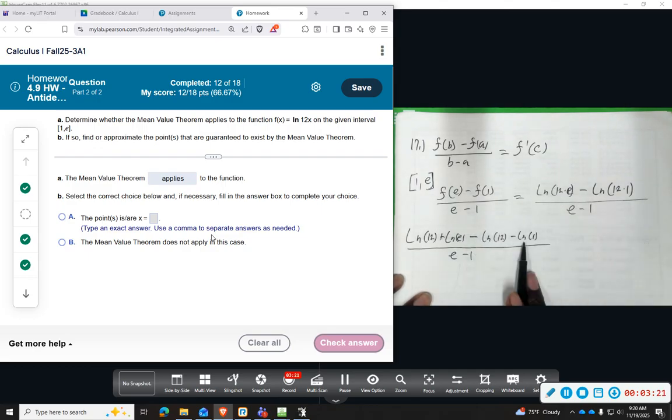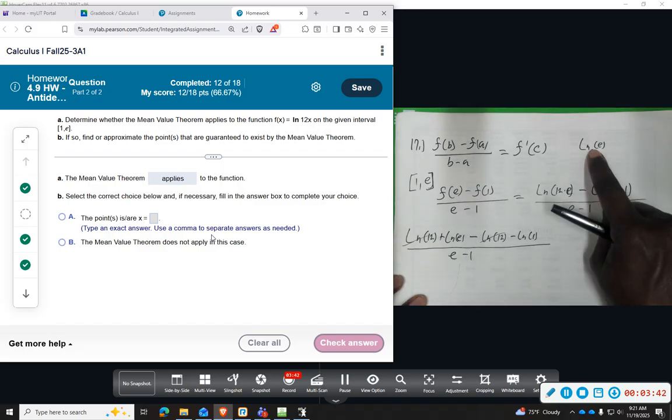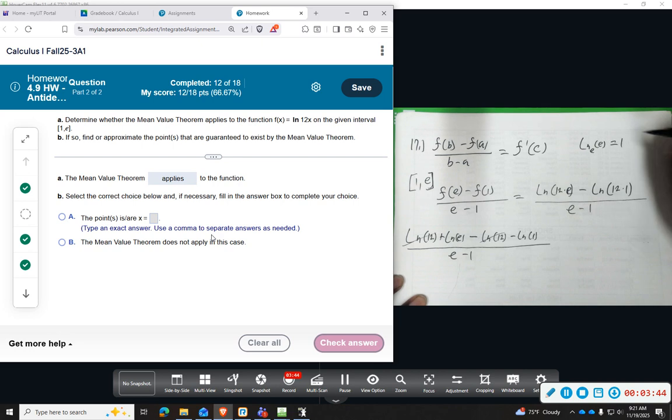Okay, so in the numerator you have a minus ln of 12 and a positive ln of 12. Those two will cancel each other out. Then you're left with ln of e and minus ln of 1. Now these are two very specific values. Properties of natural log: ln has an understood base of e. So when you evaluate it at e, this is just equal to 1.